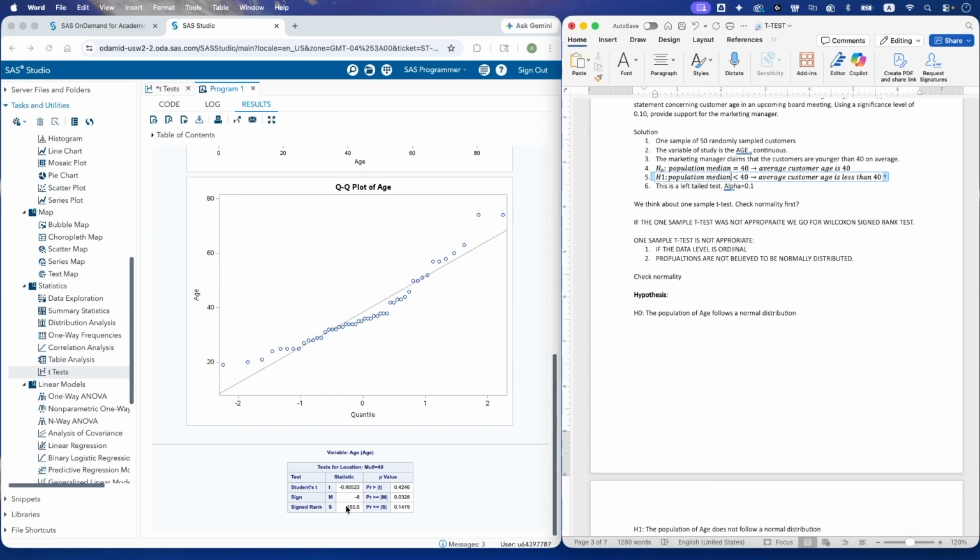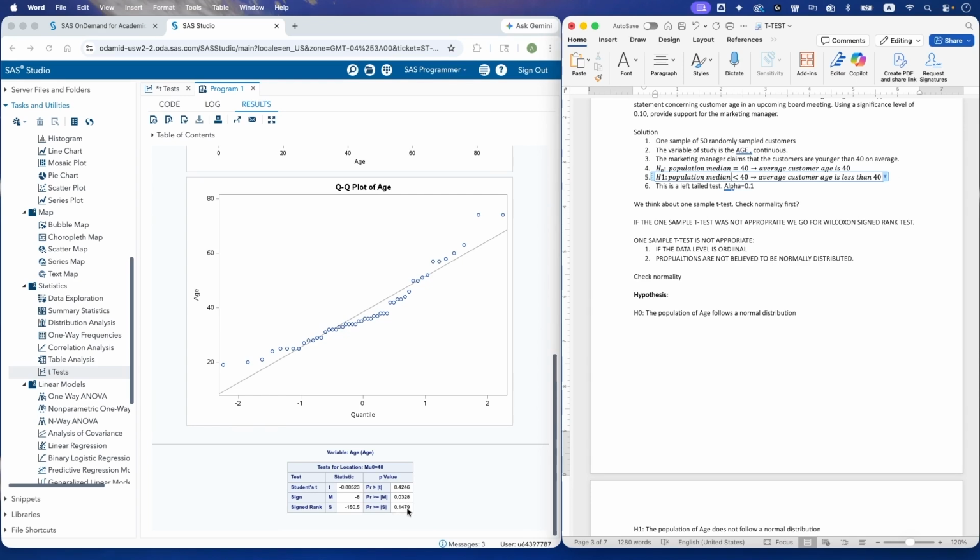You rank your data above 40 and below 40, then you give them ranks, then you find the summation of the ranks, and then you see how far we are. It's below the 40. Oh, I forgot to say something. Someone's going to tell me this p-value is greater than 0.1.